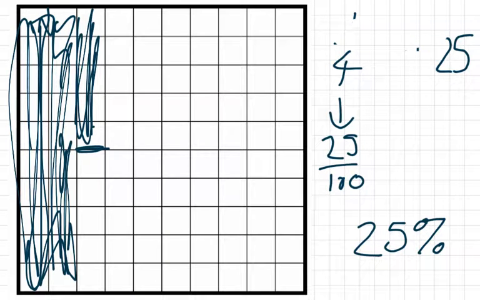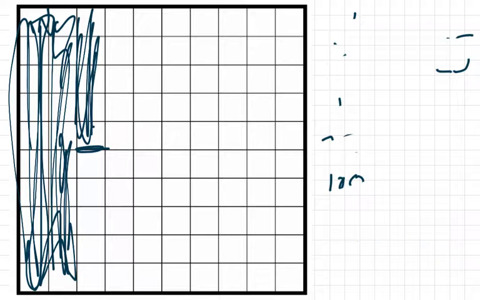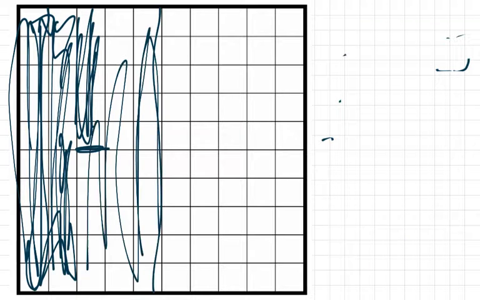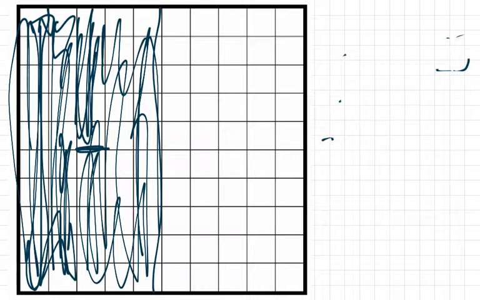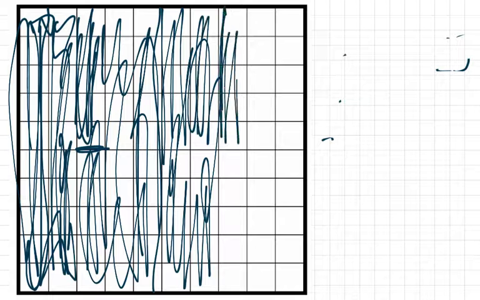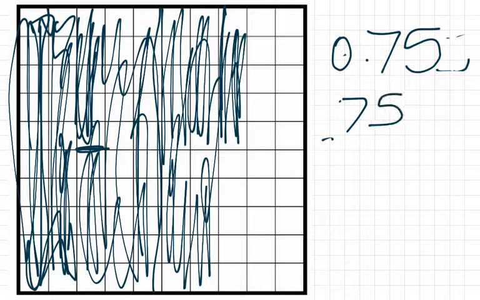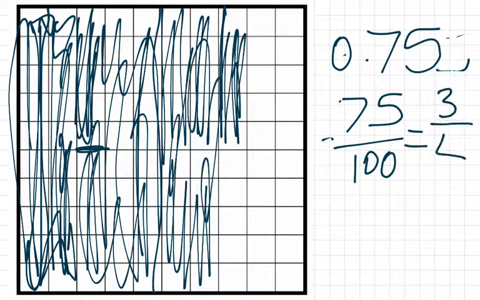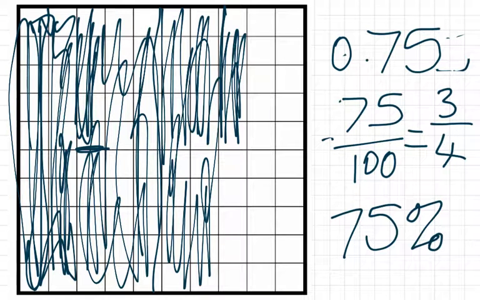But then for 3/4, it's our half, all of this, plus a quarter. So we colour in all of that and the 5/10. And that's our 0.75, 75 over 100, which equals 3/4, or 75%.